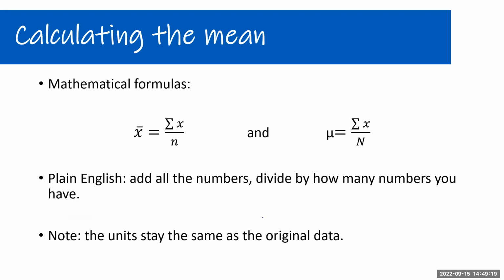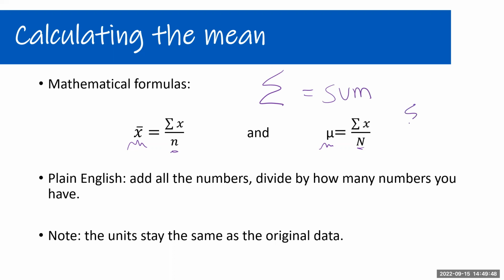To calculate the mean with mathematical formulas, you have either of these formulas up here. Notice they're doing the exact same thing. We just have slightly different symbols. We have X bar for sample and we have mu for population, and the same thing, we have N with a capital for population and lowercase n for a sample. This symbol right here, which looks like a weird E, is a capital sigma, and it just means to sum, okay?